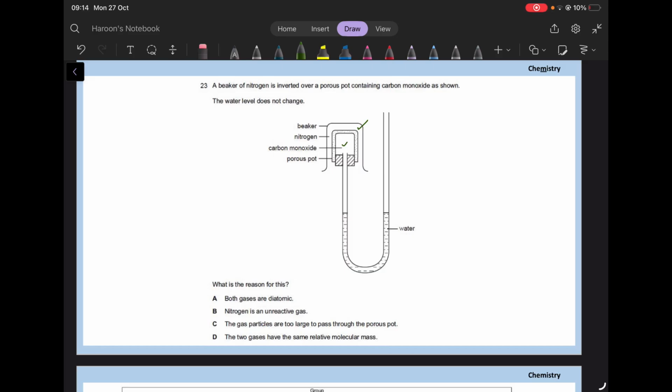So there would be the same mass. That is why the same number of gaseous particles are coming in as going out. The rate of diffusion is constant. So that is why the water level neither rises nor falls over here and on this end as well. So the two gases must have the same mass. That is why no rise or fall. So D has to be the correct answer in this case.